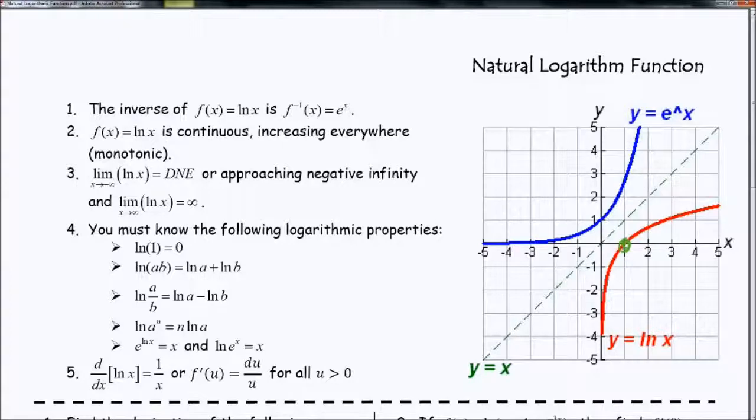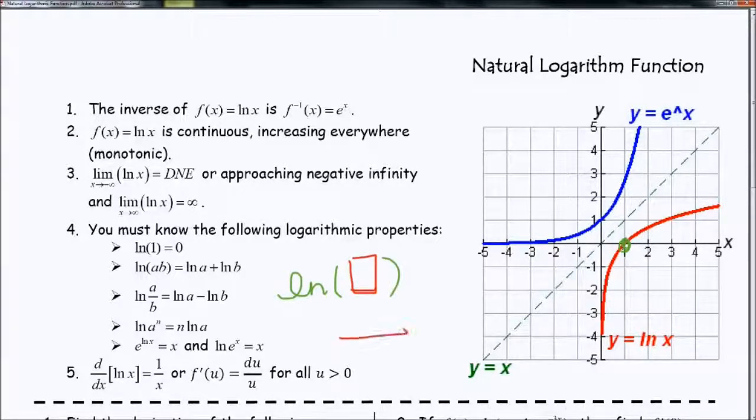And so the most important part that we're really going to deal with is the derivative of ln. When we're talking about the derivative of ln of something, here's a little box for my something.